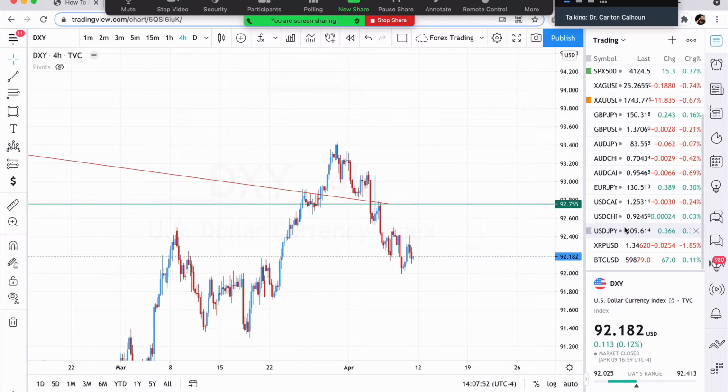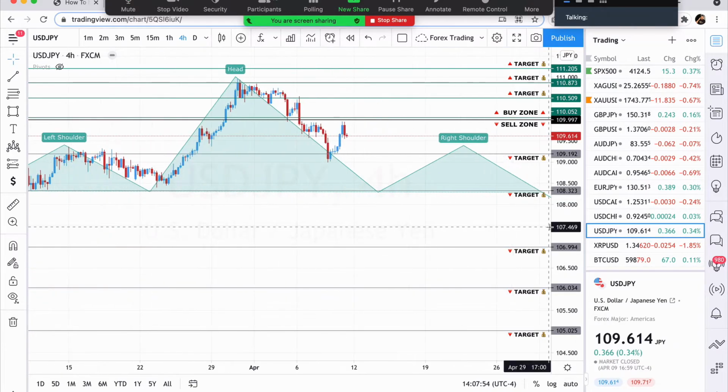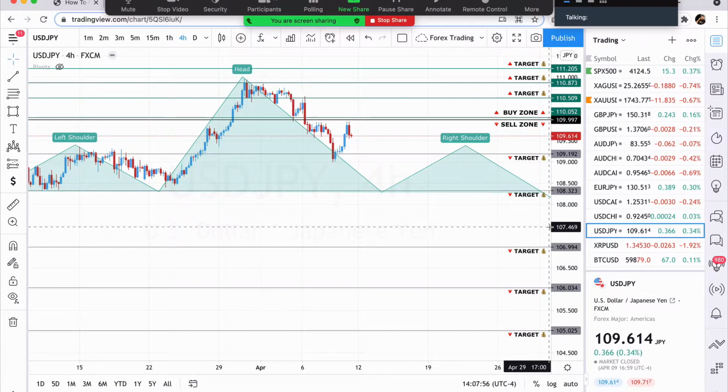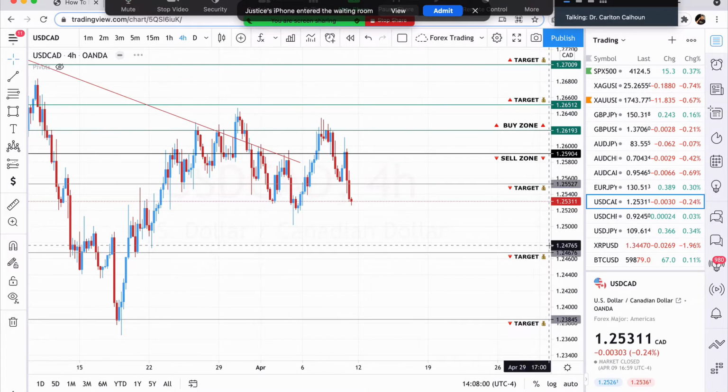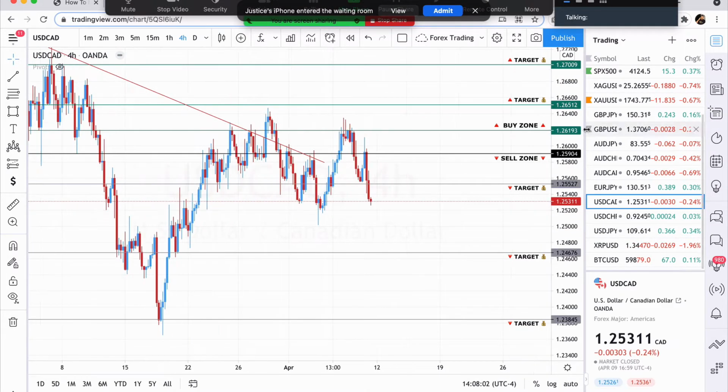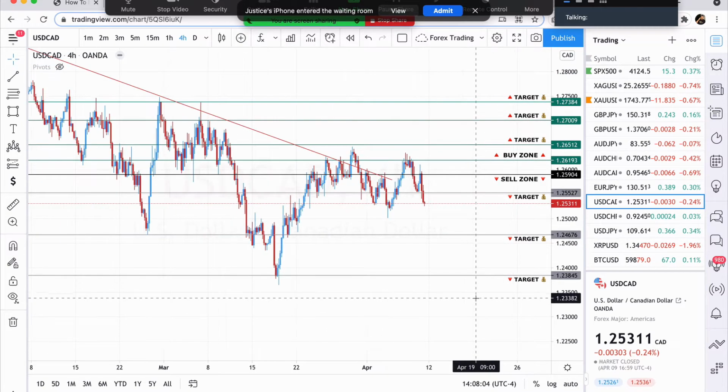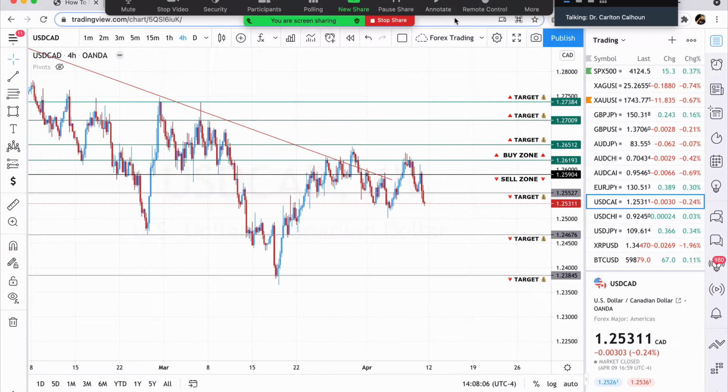And let's look at pairs where the US dollar was the first currency. Look at USD CAD, follow right along.